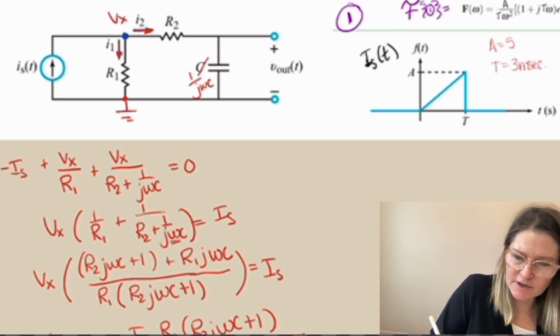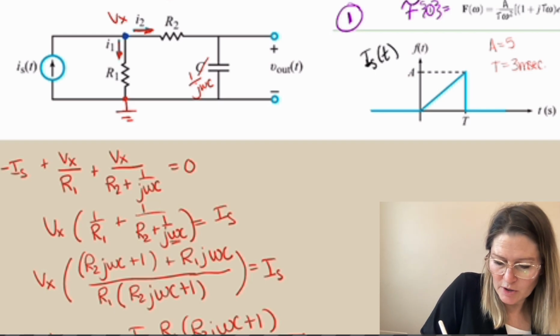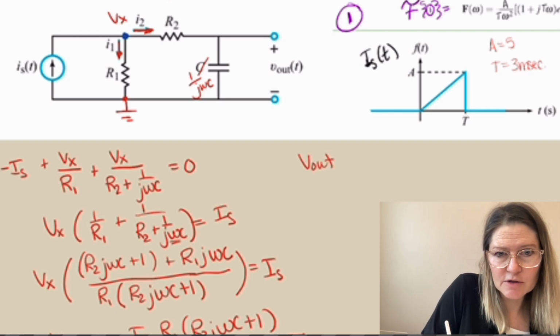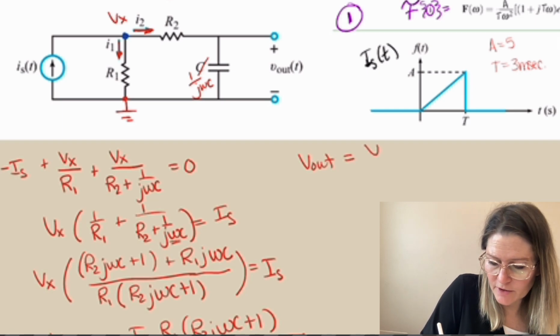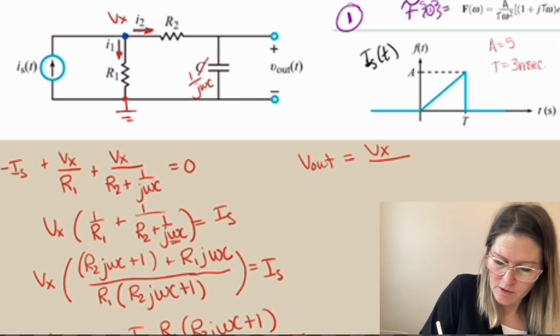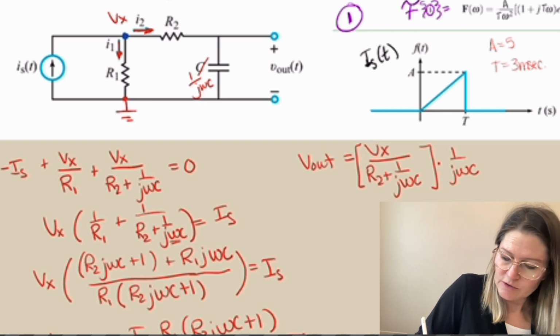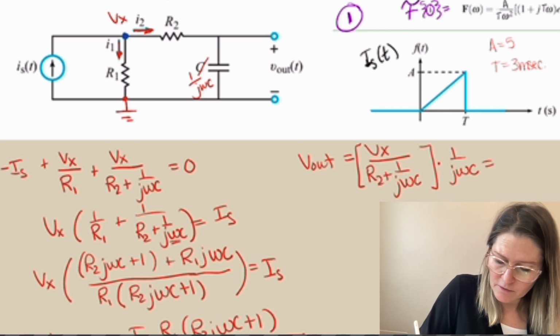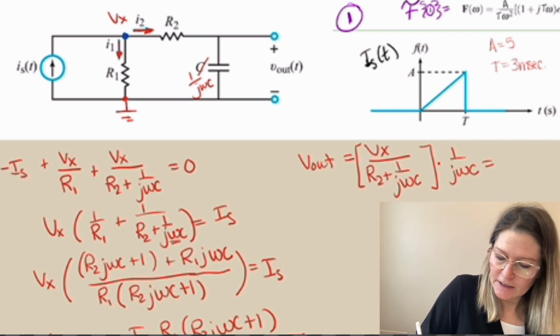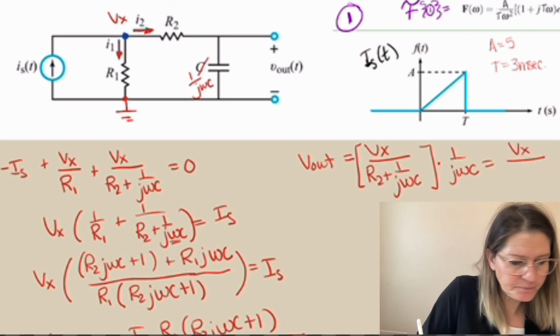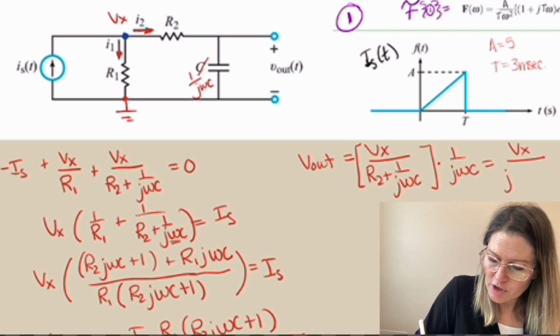In order to get V out, we can say that V out is going to equal Vx over R2 plus 1 over j omega C, which is our current, and then we want to multiply it by 1 over j omega C. So that will then give Vx over j omega C R2 plus 1.